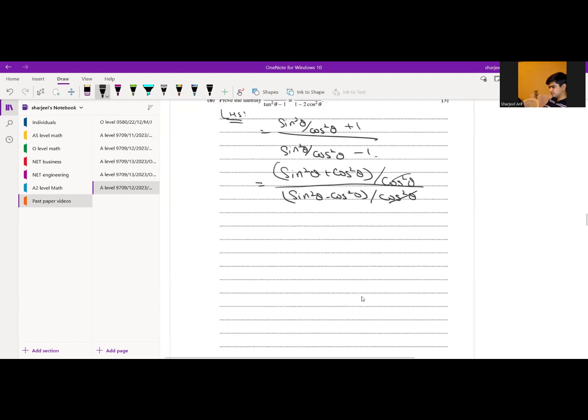Cancel these two. The numerator will be equal to 1. So this will become 1 over sine square theta minus cos square theta. So we can write sine square theta as 1 minus cos square theta minus cos square theta. So answer will be 1 minus 2 cos square theta. That is our answer, which is equal to the right hand side.